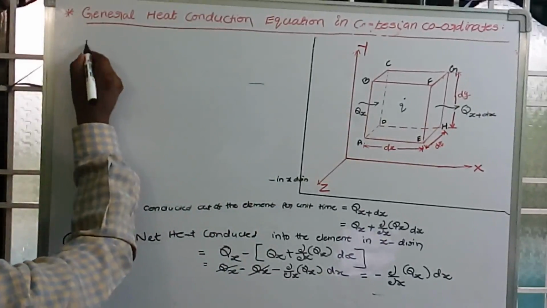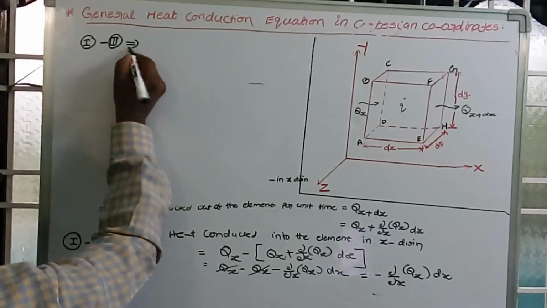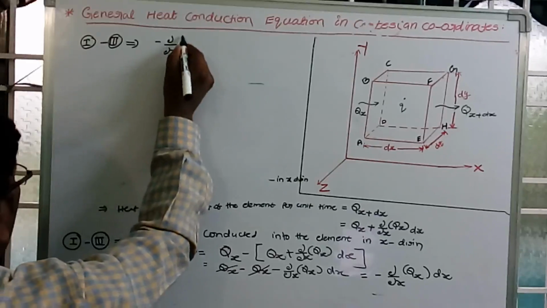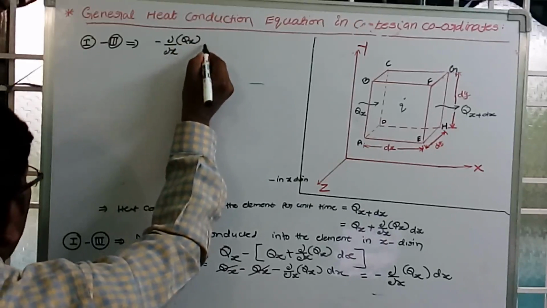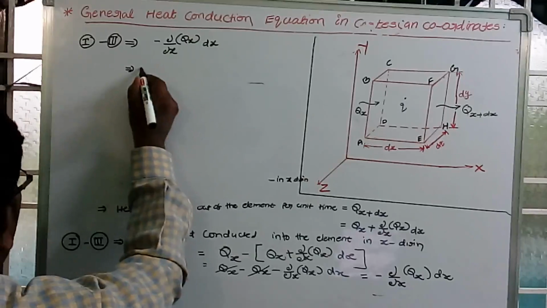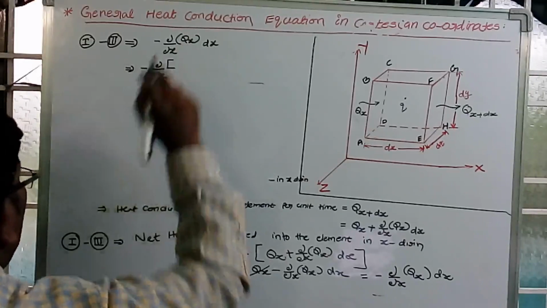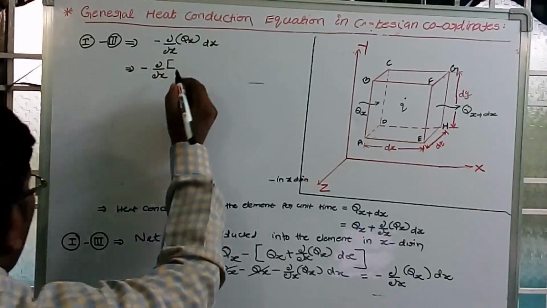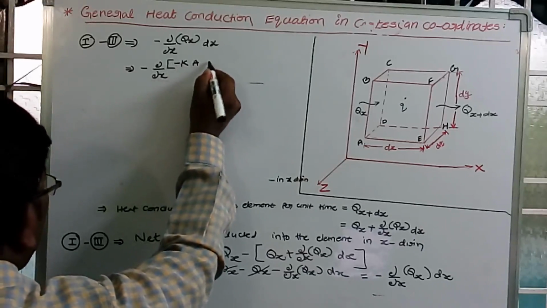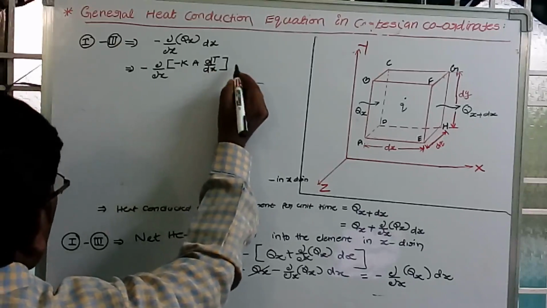So what is 1 minus 3? 1 minus 3 is minus dou by dou x of Qx into dx. So what is Qx? From Fourier equation, Qx is equal to minus k into A into dT by dx.